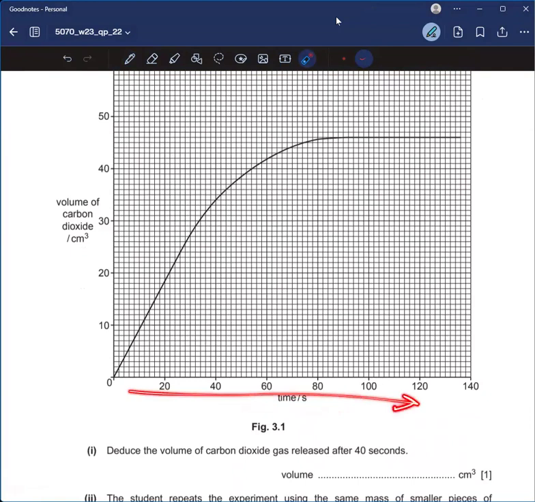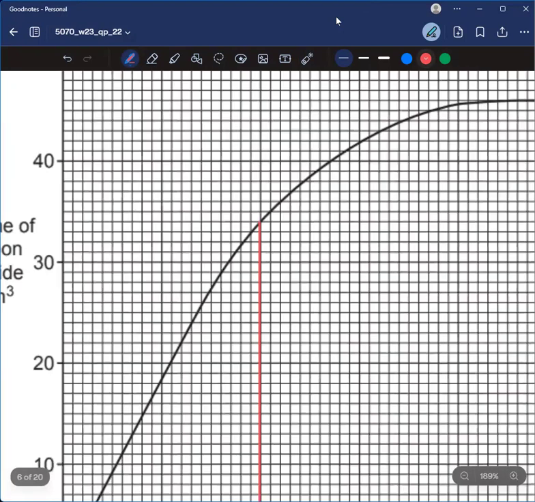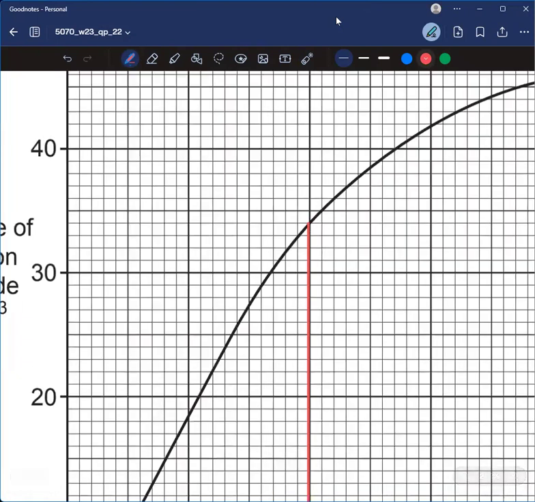This is for time, and here we have 40. Okay, let me draw a line. Bring it to the y-axis.